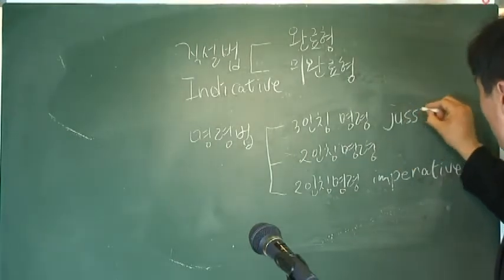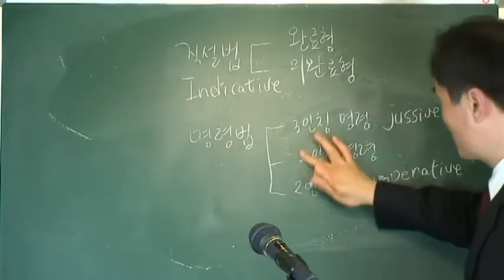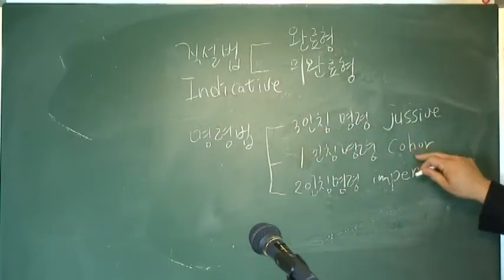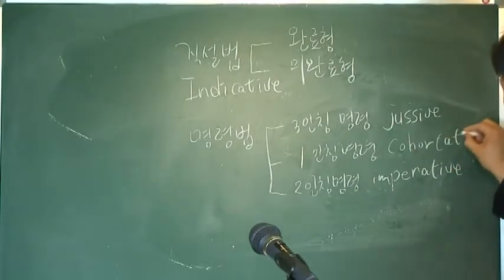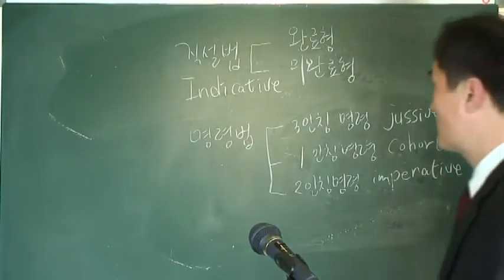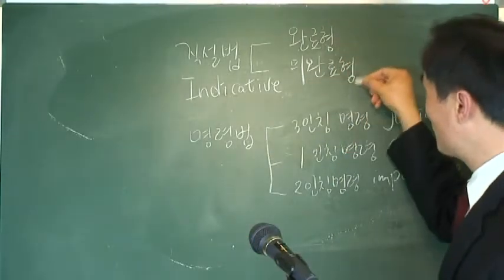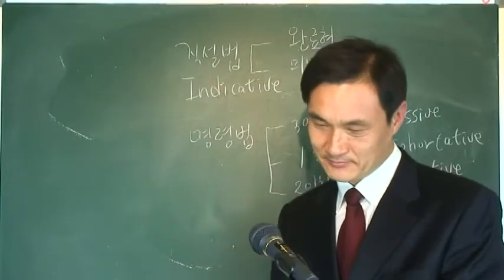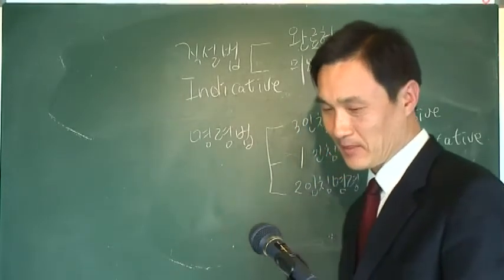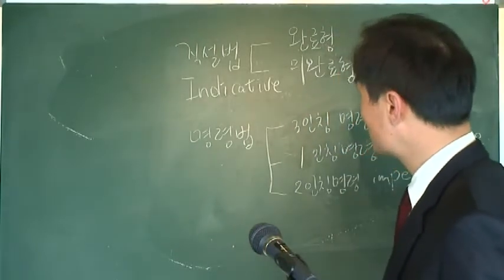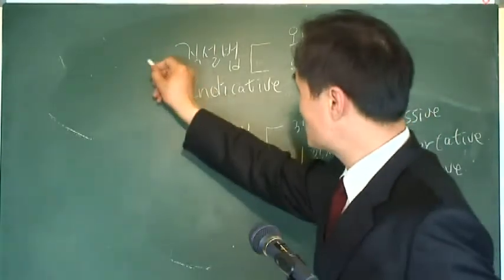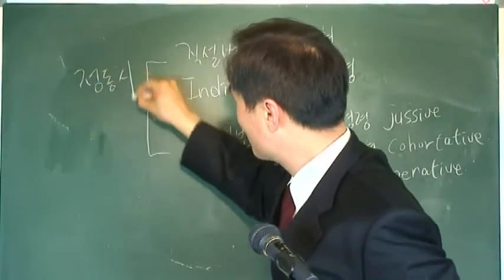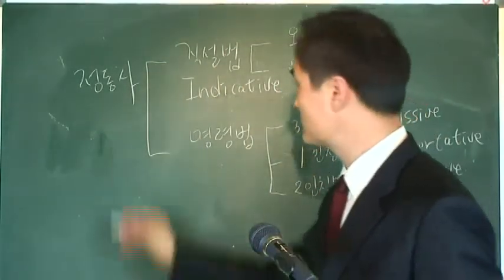The third person imperative is the jussive in English. The first person imperative is cohortative in English. We know the general idea of the perfect and imperfect forms because we studied them. These two are called finite verbs in Hebrew.